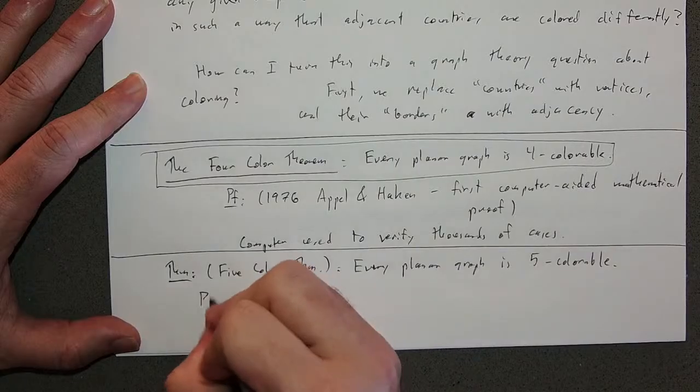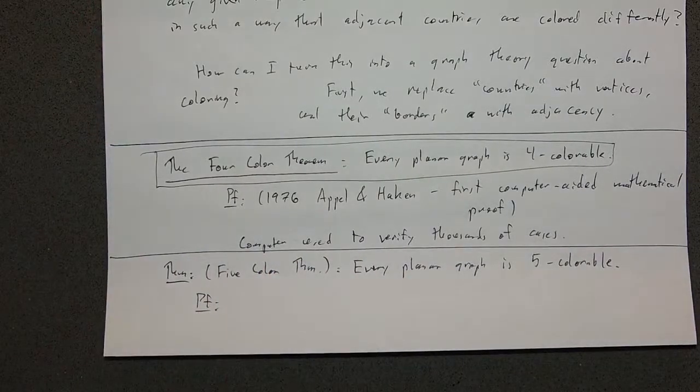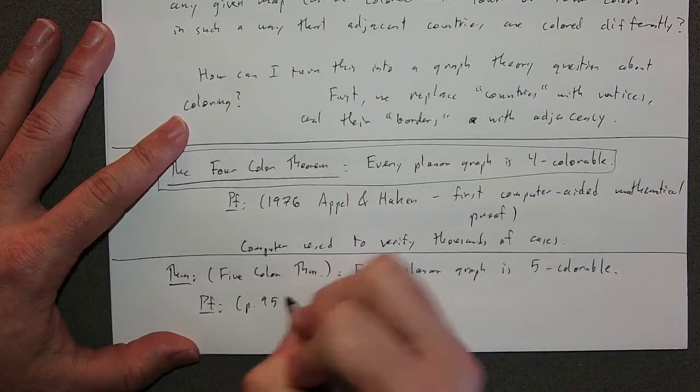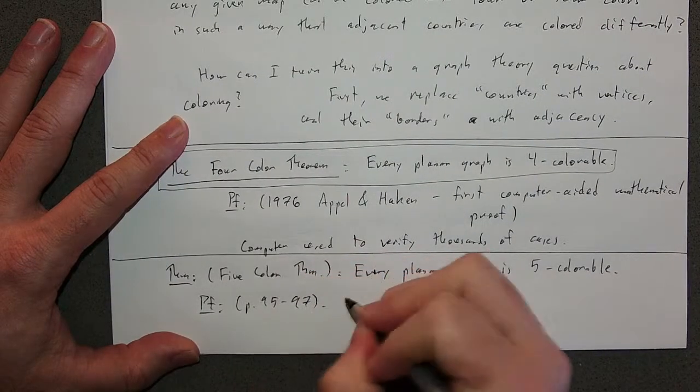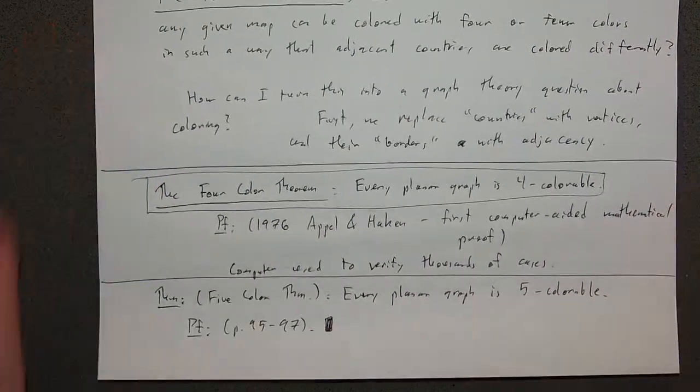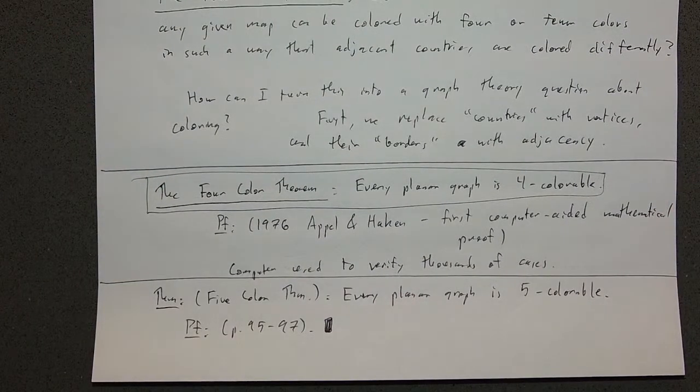The proof, unlike the 4-color theorem, which relies on a computer, is entirely contained on pages 95 to 97 of the textbook. So if you're interested in how this can be done, you can have a look at that theorem.